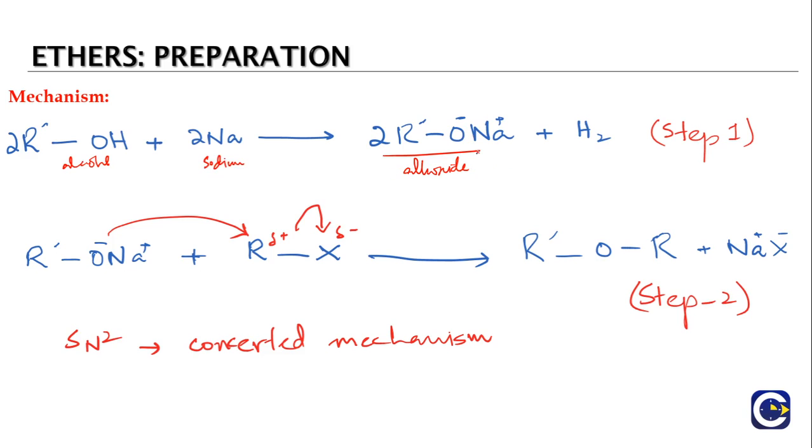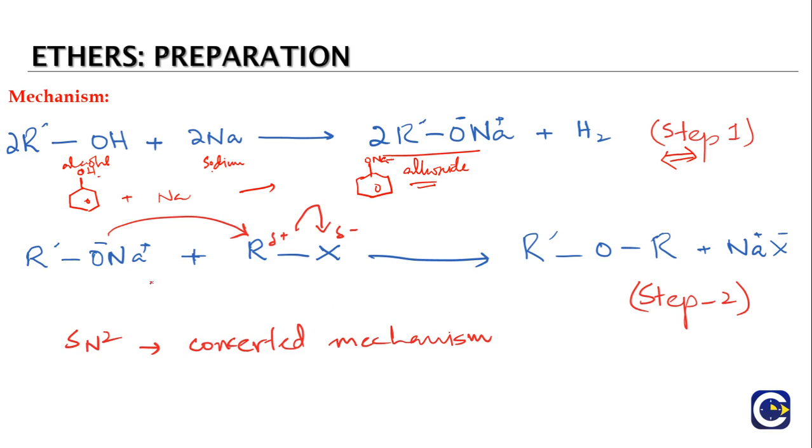Or in case of phenoxide, we react a phenol, as we have studied in the previous section, with sodium, and we get the sodium phenoxide ion. This is the first step of this reaction.